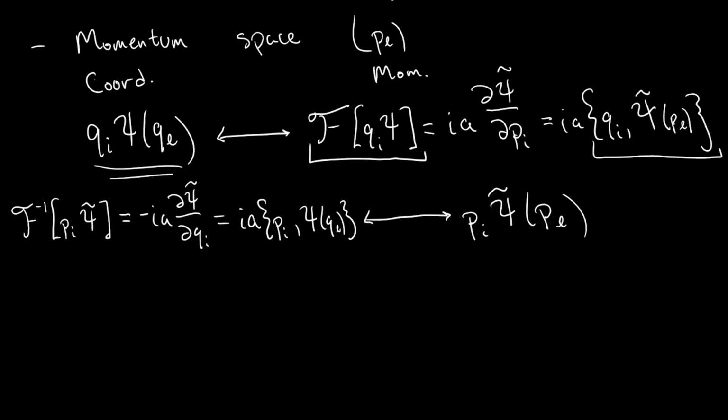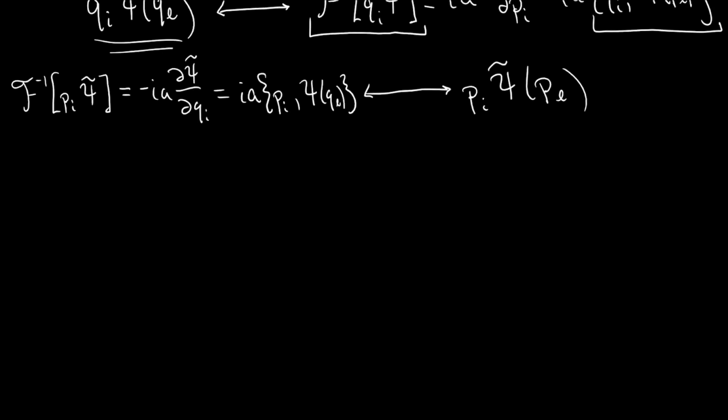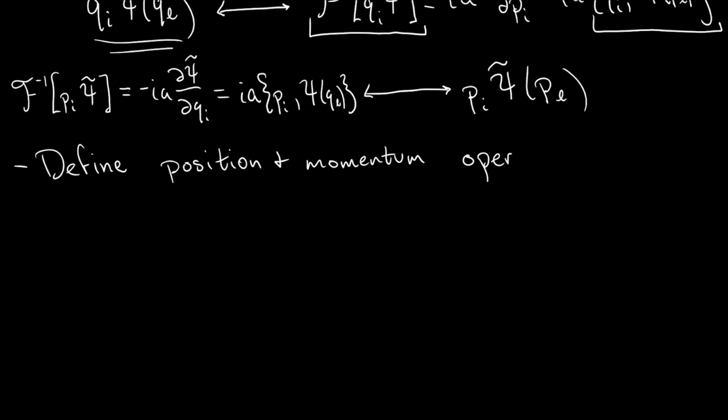Now all of this is a little bit clunky. We always have to specify what space we're working in anyway, but we'd like to do things in a bit more general form. So we're just going to define position and momentum operators.